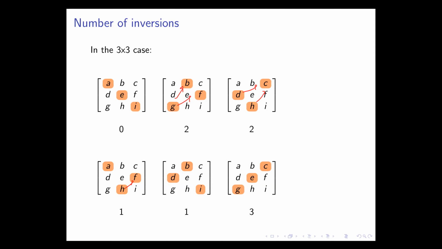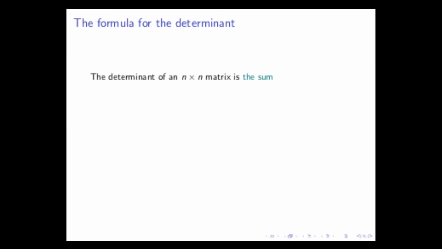Here we have 1 arrow, 1, and here we have 3, right? This is what we discussed before: the column should appear after. And in the first example there is 0.